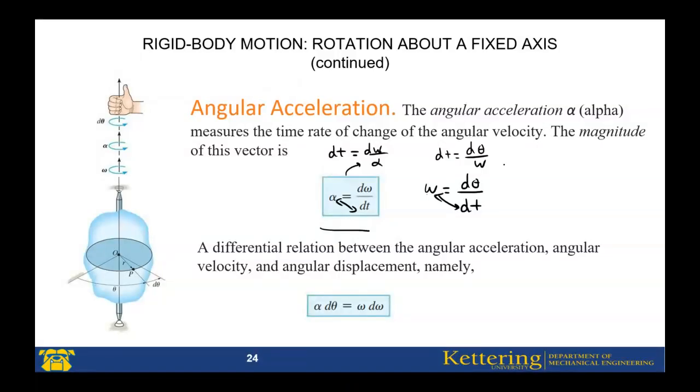I change their positions, then the left-hand side, d omega over alpha, equals d theta over omega. Multiplying these gives this equation. As you can see, there is no time in this equation.